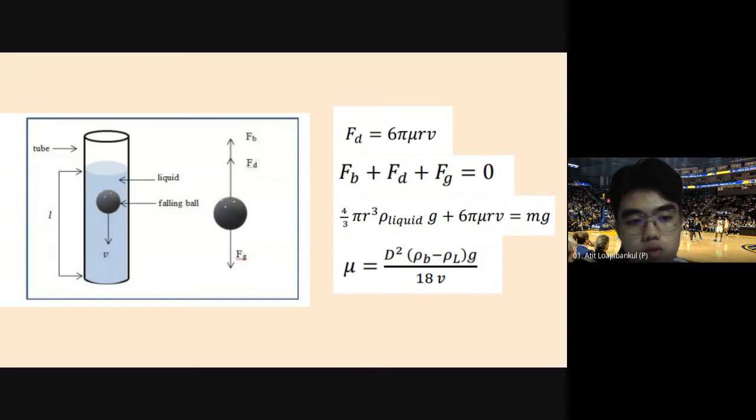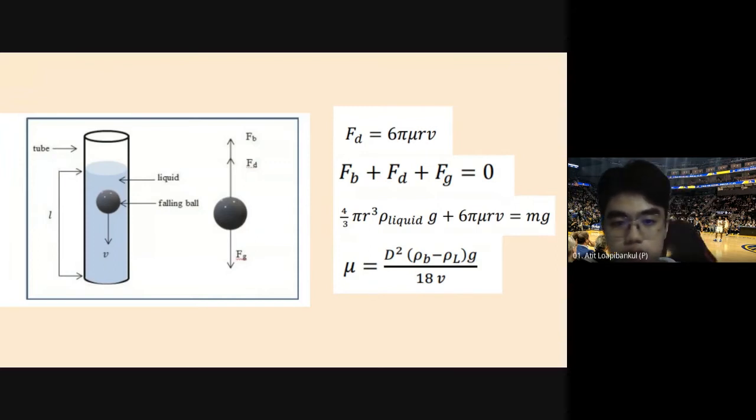So when the ball goes down at constant velocity, it means that the acceleration is zero. In physics, this is counted as an equilibrium state. So when all the forces are applied together, they equal net zero in the second sentence, which is Fb plus Fd plus Fg equals zero. It is written in vector form.